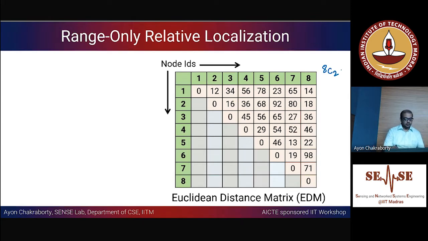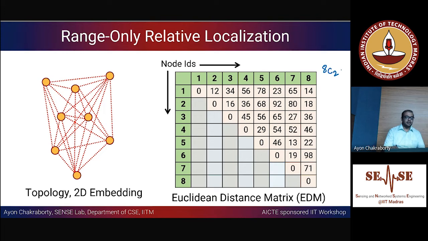Okay, so let us say this is your topology of the graph, where you have these nodes. Let's say 1, 2, 3, 4, 5, 6, 7, and 8. So you have 8 nodes, right?